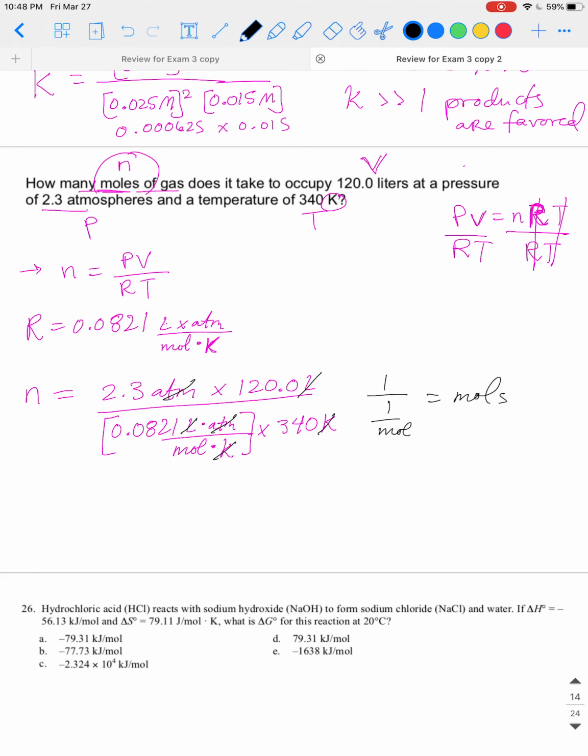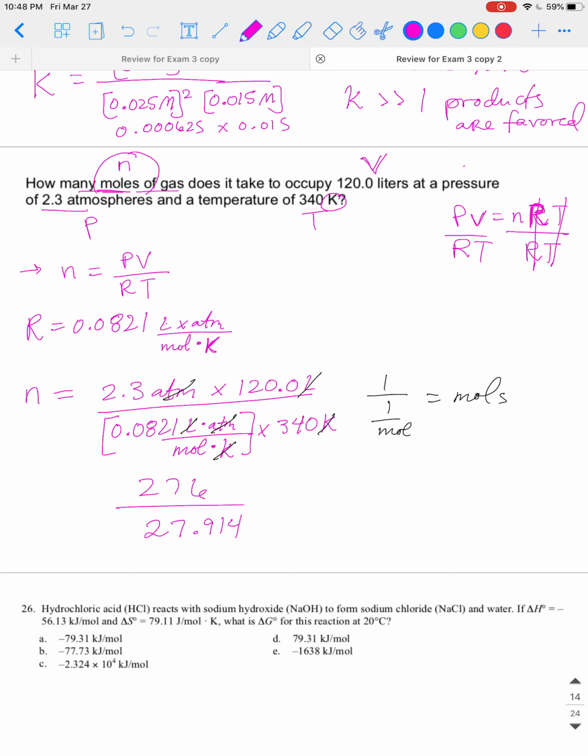So you do 2.3 times 120. In the top here, we get 276 divided by 0.0821 times 340 divided by 27.914.